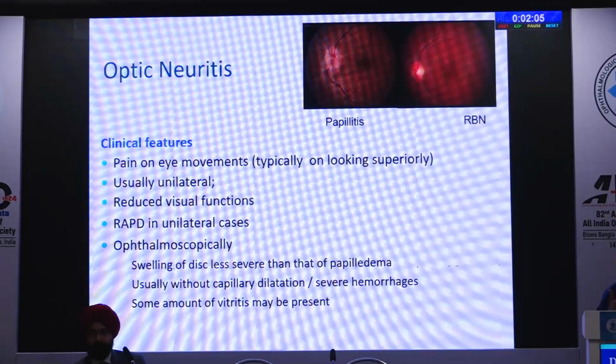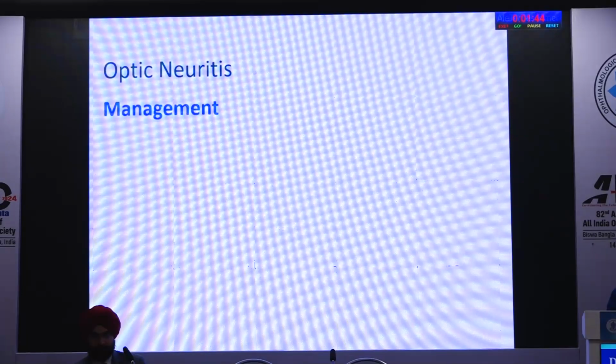Papillitis is most commonly optic neuritis, but of course unilateral disc edema could be due to anything, any inflammatory or autoimmune cause affecting the disc could present with a disc edema or a papillitis kind of picture. Classical features of optic neuritis we have discussed earlier in this conference, and I won't go into details because of the lack of time.